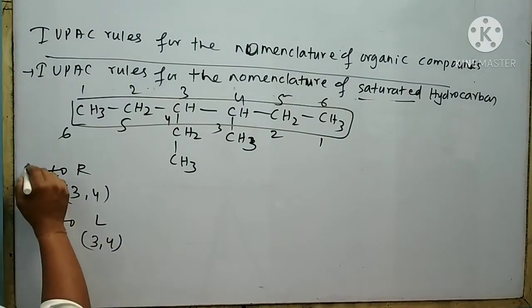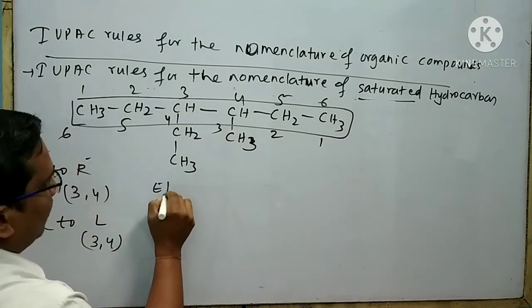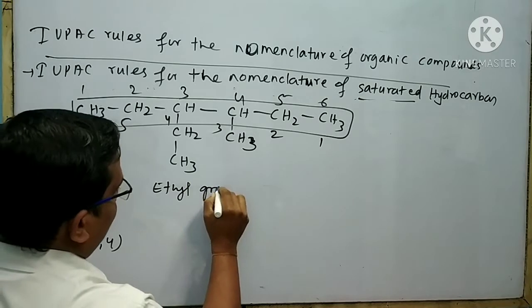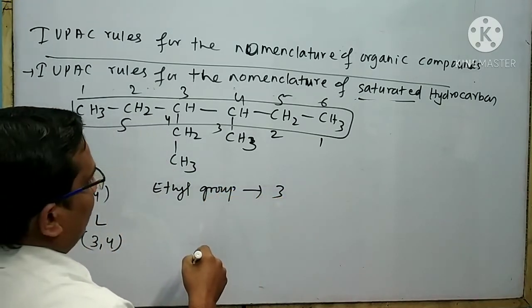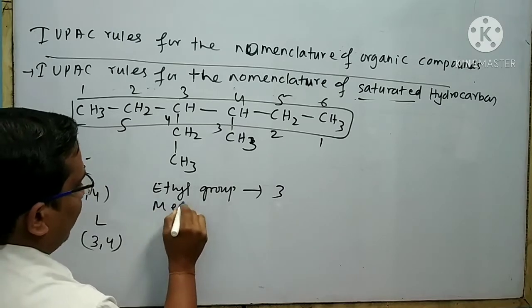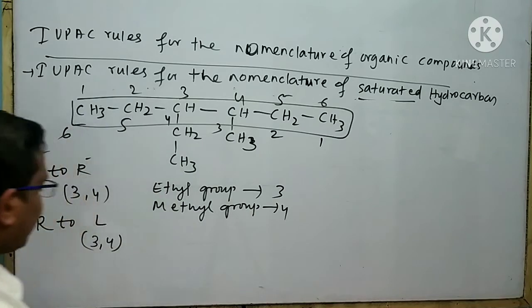If I think about the numbering from left to right, then the ethyl group gets number 3. At the same time, the methyl group gets number 4.